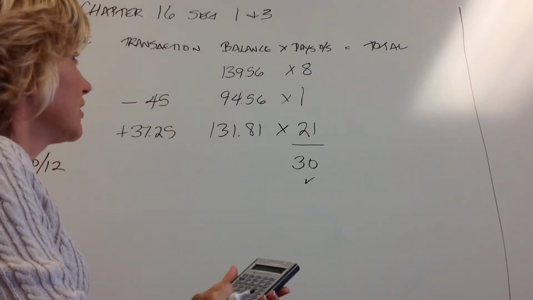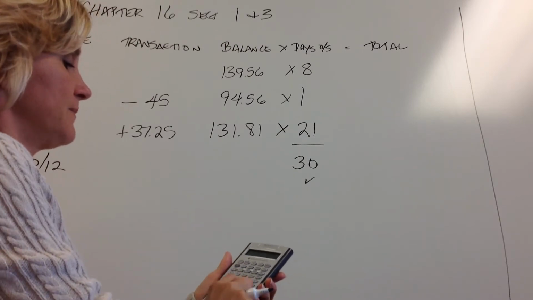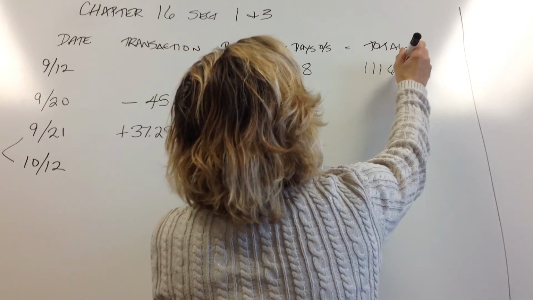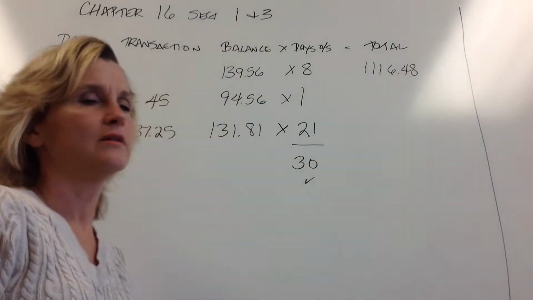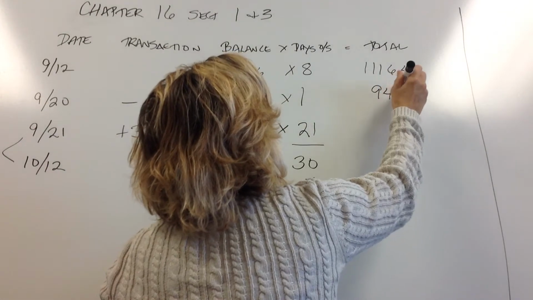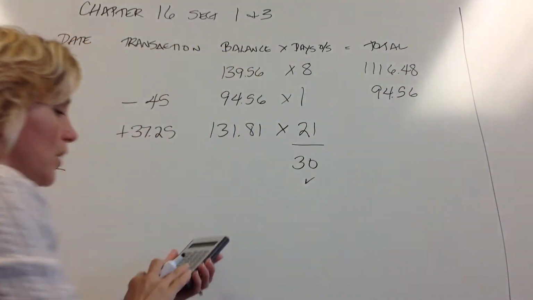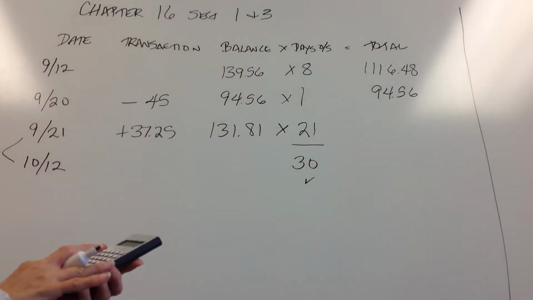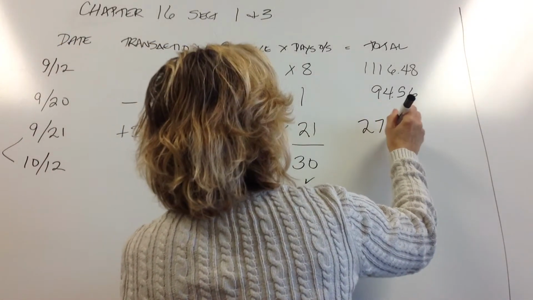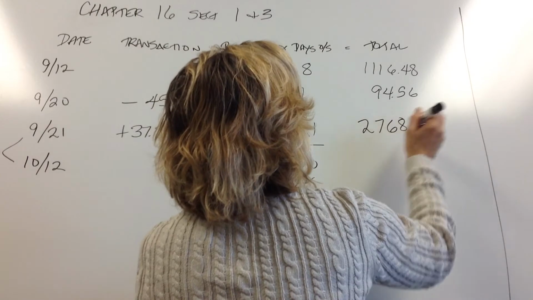139.56 times 8 gives us $1,116.48. $94.56 times 1. And then $138.81 times 21 days gives us $2,768.01.